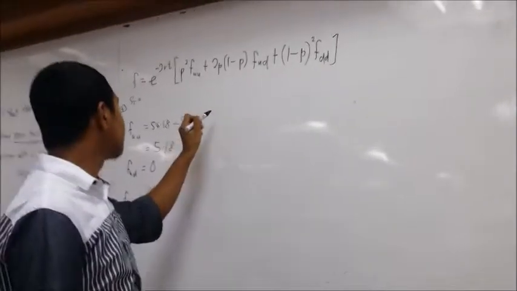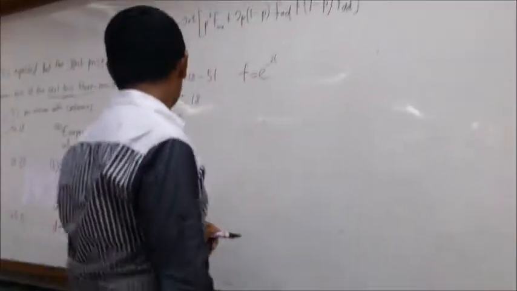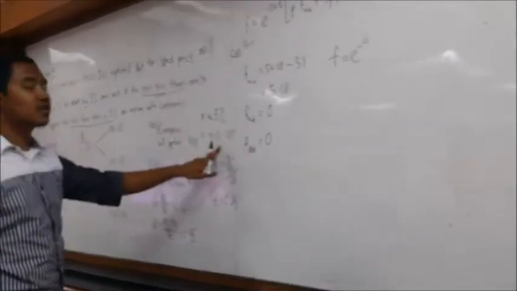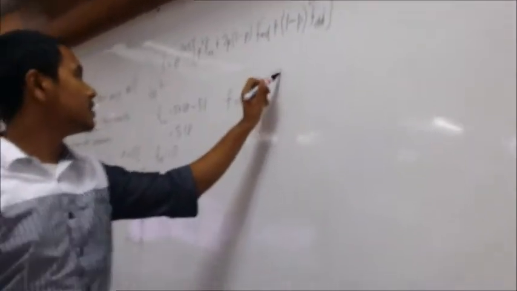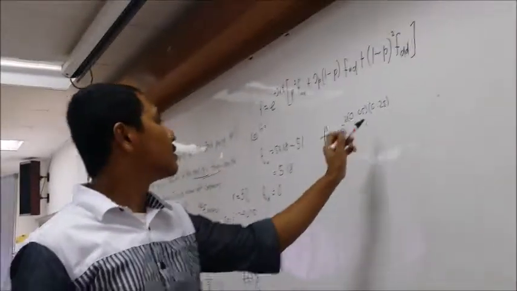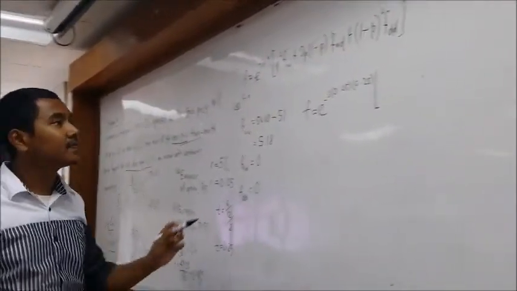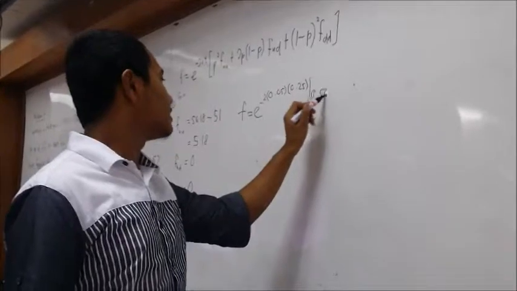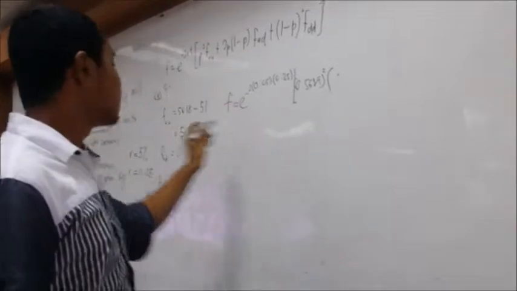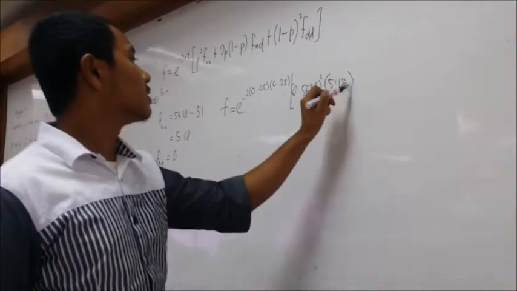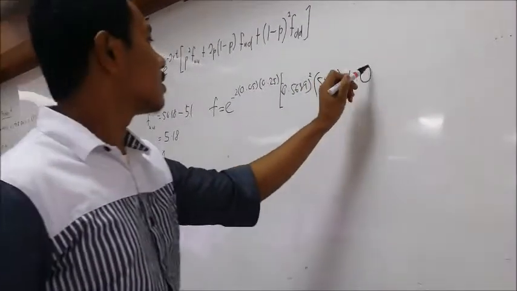So we plug into the equation. We already have R, which is 0.05, our t is 0.25, and our p is 0.5689. For f_uu, 5.18, plus, because f_ud and f_dd are equal to 0, plus 0 plus 0.